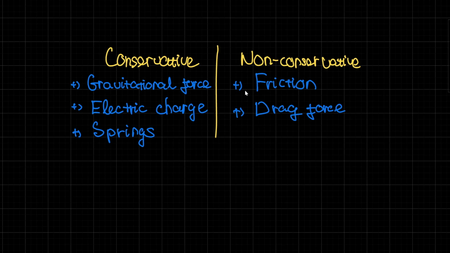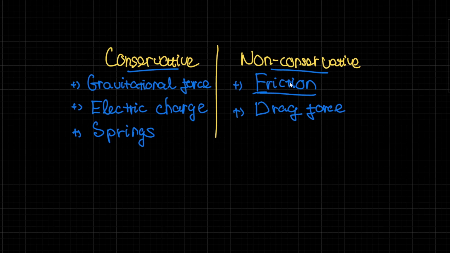And the difference here is that with conservative force, all the mechanical energy that it creates will be transferred entirely into work. But with non-conservative force, some of it might be lost and transferred into maybe internal thermal energy, for example like friction.